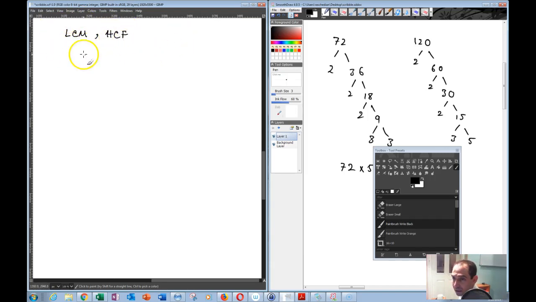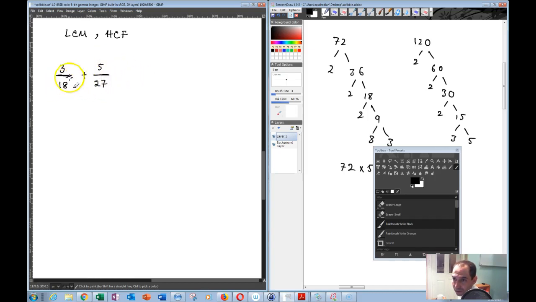About the LCM, in very simple mathematics that we learned in class 5 or 6, when we wanted to find the sum of two fractions, for example, let's say you wanted to add 3/18 to, I don't know, 5/27.